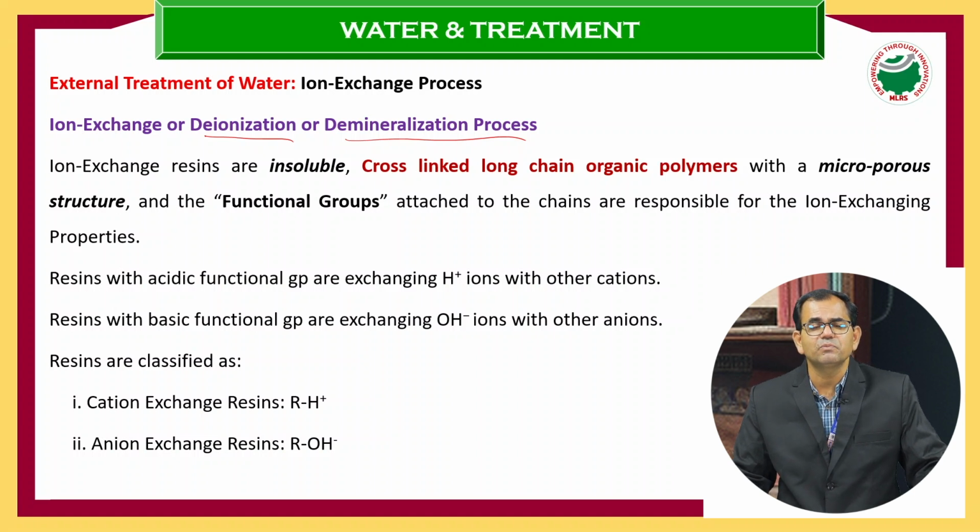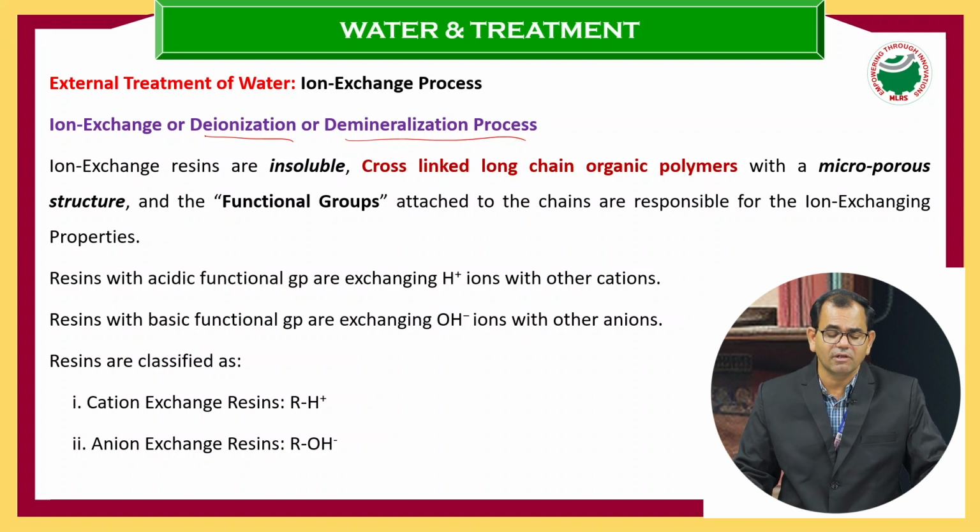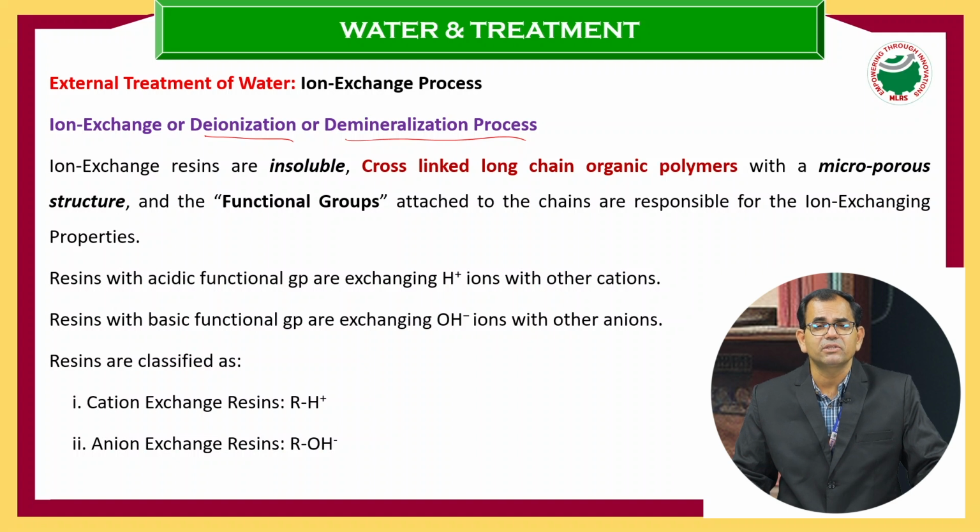That means the water is much softer. That soft water, upon feeding into the boiler, can prevent scale and sludge and caustic embrittlement and all other boiler troubles. Now, how to make the water soft? By using the ion exchange method before feeding it into the boiler.